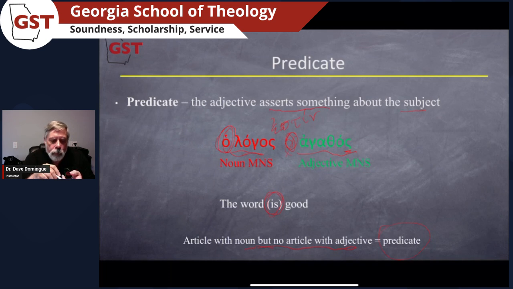If there is nothing for the article to modify, then it probably functions substantively. The case, gender, and number of the adjective will tell you if it's functioning as the subject or the accusative direct object. Or it can function predicately. That would be there is no article with the adjective, but there is with the noun, and so that would function predicately.